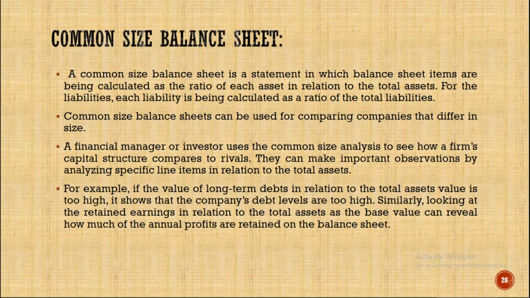For example, if the value of long-term debts in relation to the total assets value is too high, it shows that the company's debt levels are too high. Similarly, looking at the retained earnings in relation to the total assets as the base value can reveal how much of the annual profits are retained on the balance sheet.